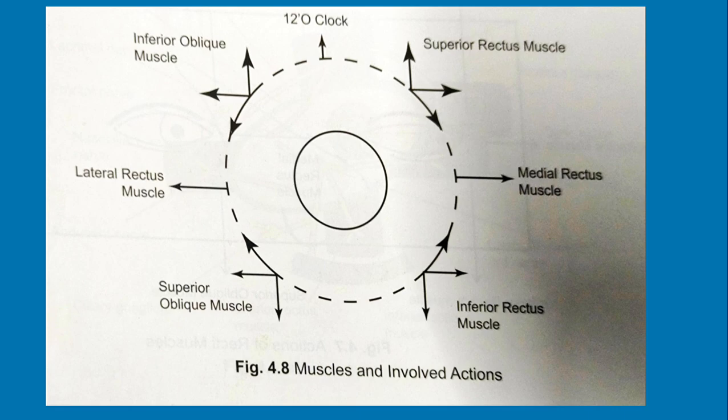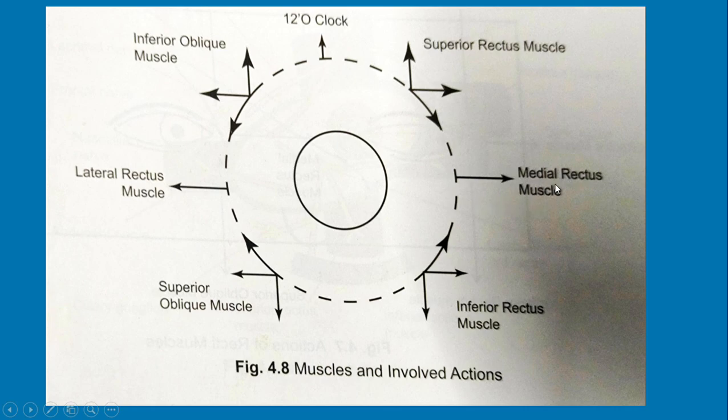Okay, now the next muscle is medial rectus. Listen, this is the medial rectus muscle. This is the position of medial rectus muscle. Medial rectus muscle has only one action in all positions, that is medial rotation or adduction.